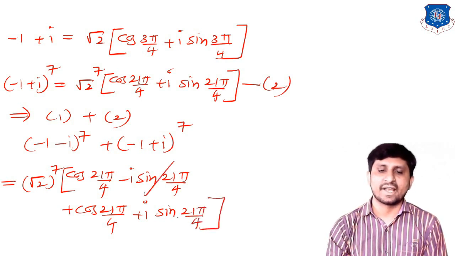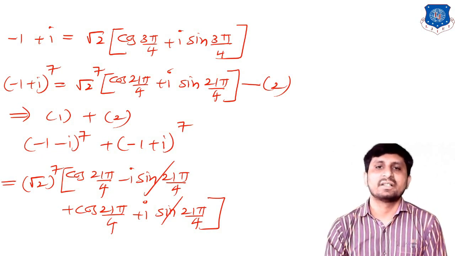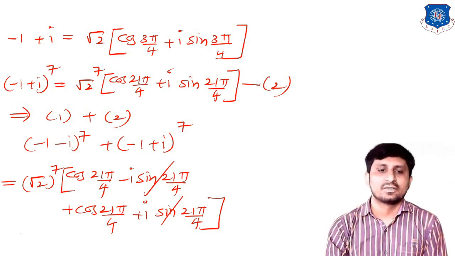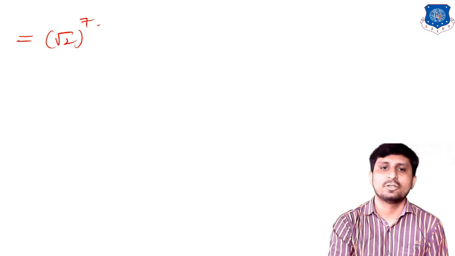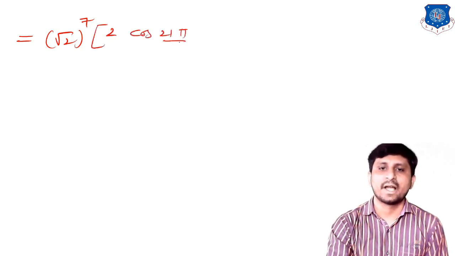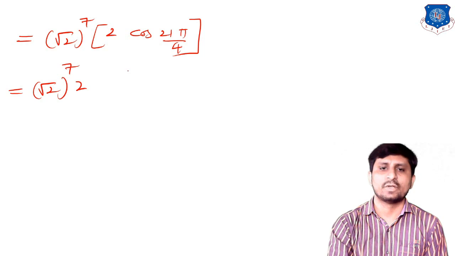Clearly, this minus i sin 21 pi by 4 and plus i sin 21 pi by 4, these two terms will cancel out. So this is equal to root 2 raised to 7 into 2 cos 21 pi by 4.